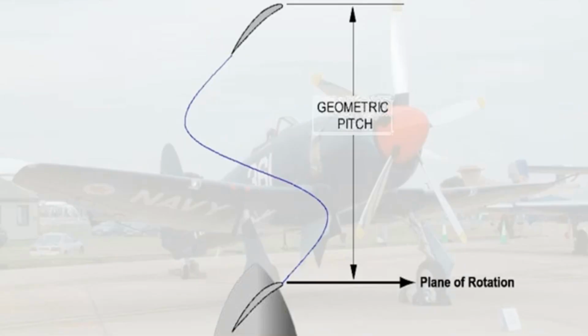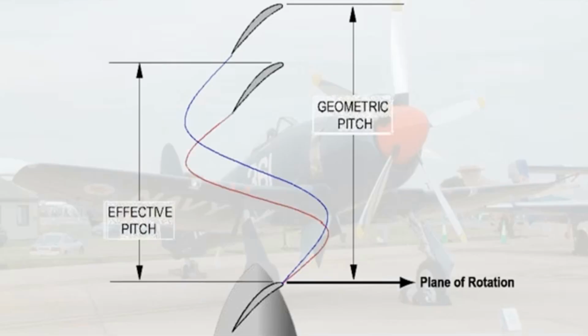The geometric pitch is the distance the propeller would travel forward in one complete revolution if it were moving through the air at the blade angle. In flight, the propeller does not move through the air at the geometric pitch. The distance it travels forward in each revolution depends on the aircraft's forward speed.